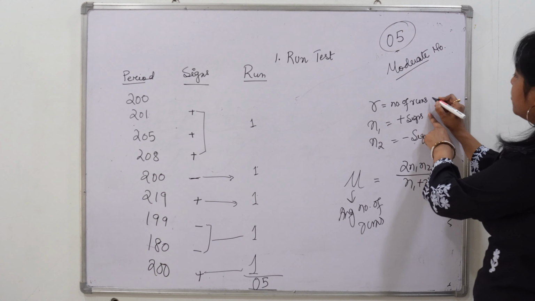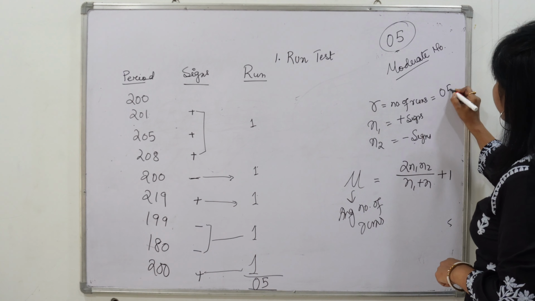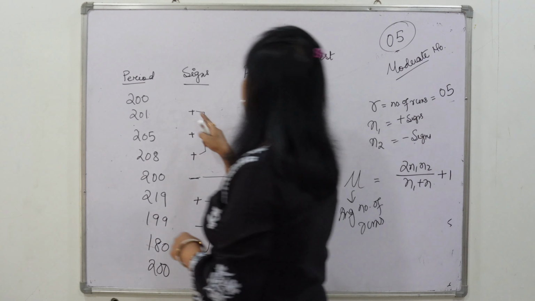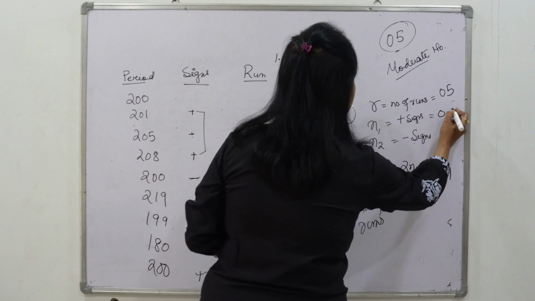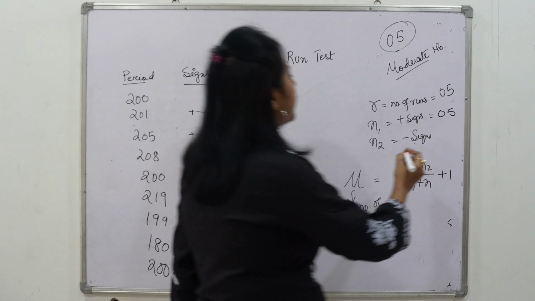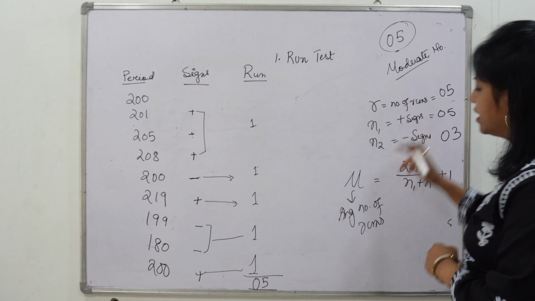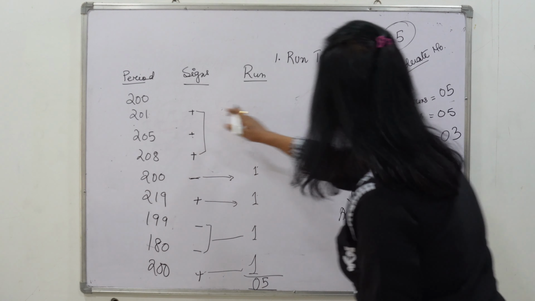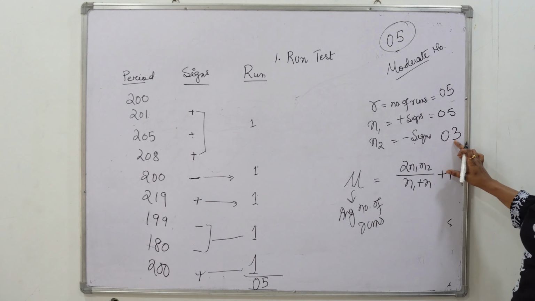So let's understand the number of runs. We have seen the number of runs is equal to 5. How many plus signs? 1, 2, 3, 4, 5 plus signs. How many minus signs? 1, 2, 3. So we have 3 minus signs, 5 plus signs. If I am not wrong, 1, 2, 3, 4, 5 is the plus signs, and 1, 2, 3 is the negative signs, right?